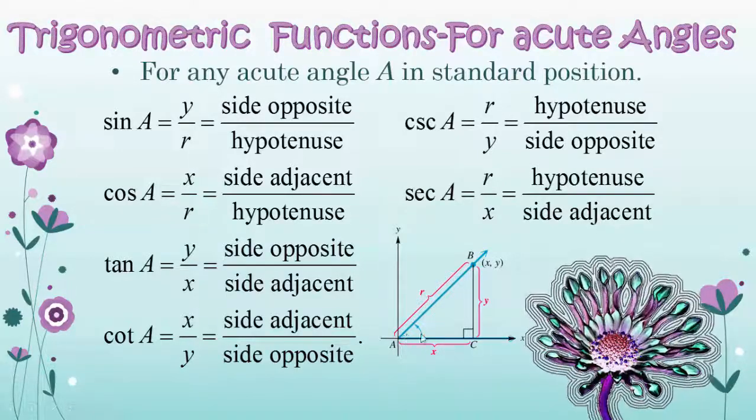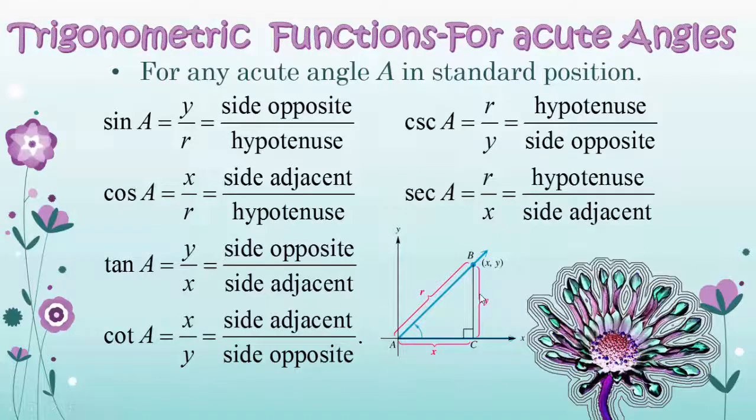So the cosine is the adjacent, which means the one that's right next door to the angle, over the hypotenuse. And the tangent is the opposite, over the adjacent side, which is x, so that's going to be y over x.